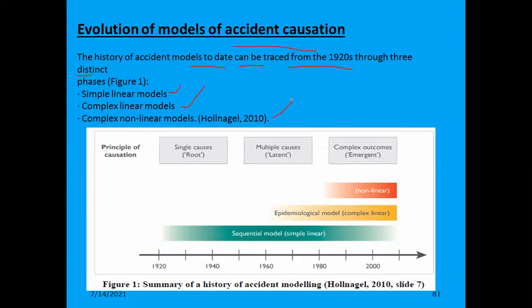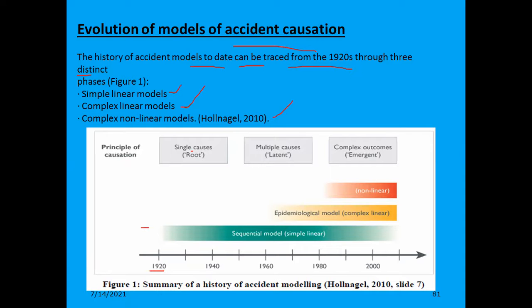So in this complex non-linear problems, if you make a graph among all this, this came into existence in 1920. That is the principle of causation. There is a single cause. What does single cause mean? What is the main cause? Main cause means the root.